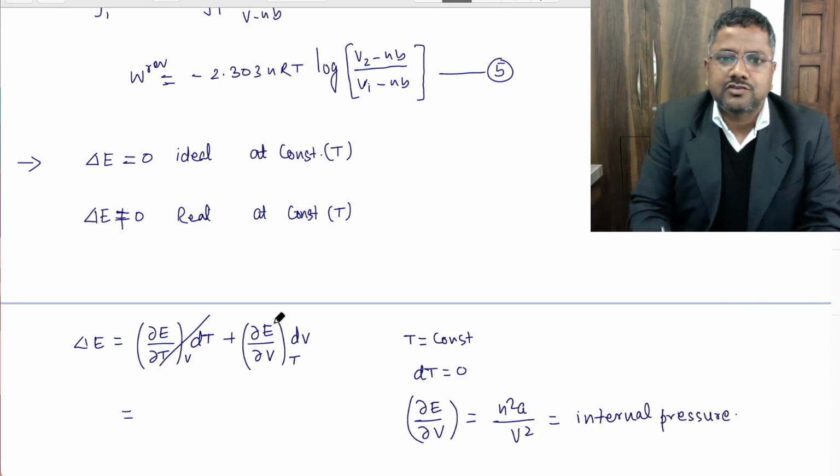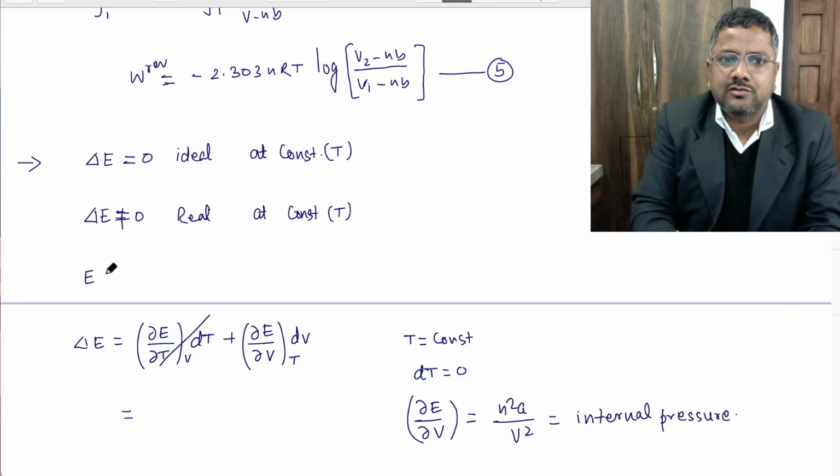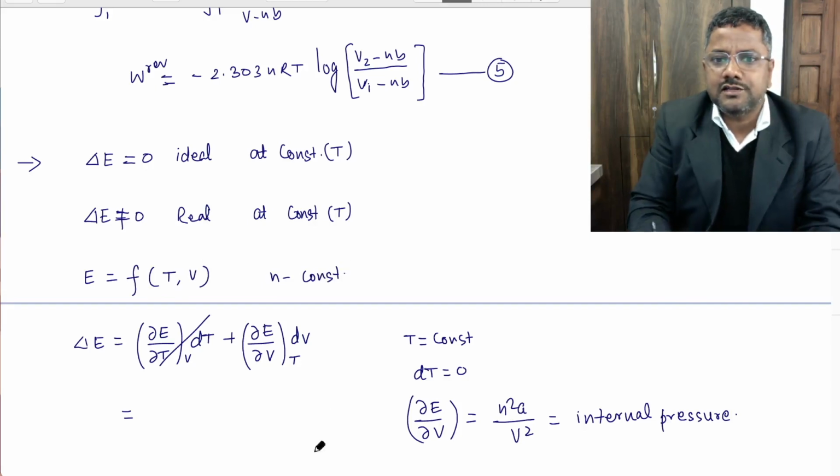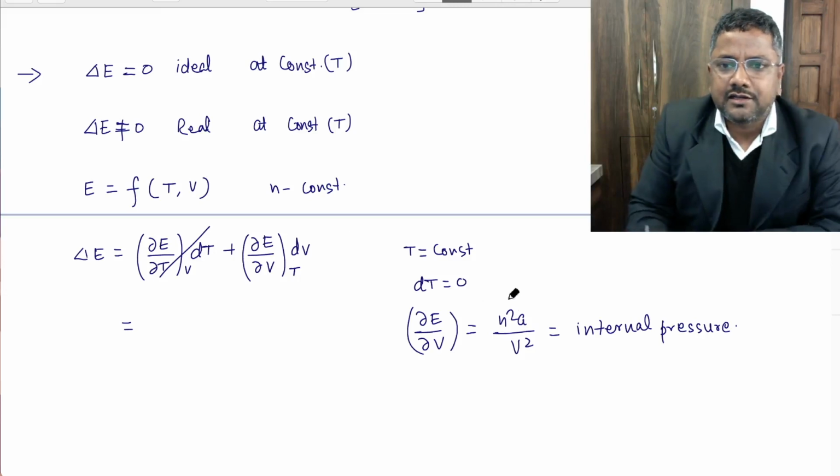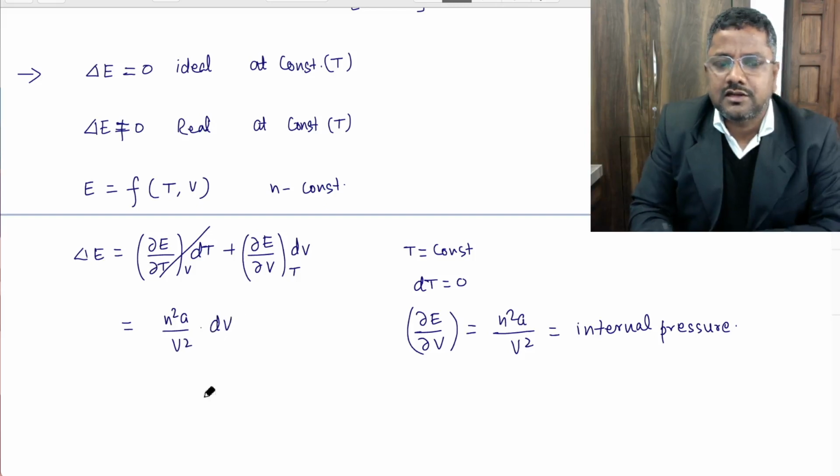Right? As all of you know that this is a state function, so you can write T and V constant. So we can write here n square a by V square into dV, right?